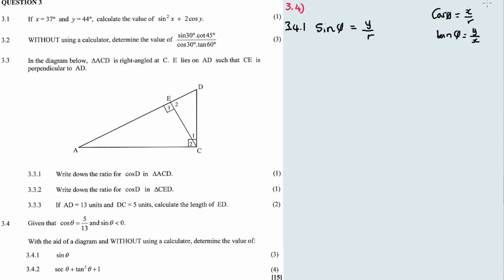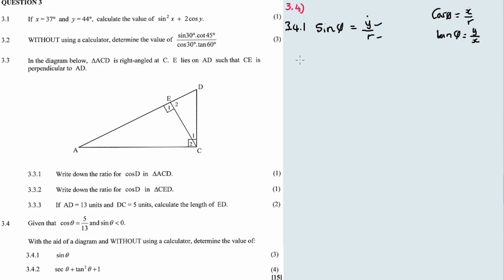So x is always the adjacent side, r is the hypotenuse, y is the opposite side. So therefore bheka ke manje, in order to answer this question sizodinga the y value as well as the r value, but check we need to refer to the given information.